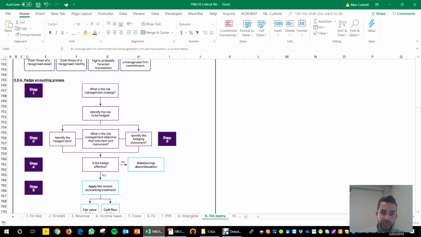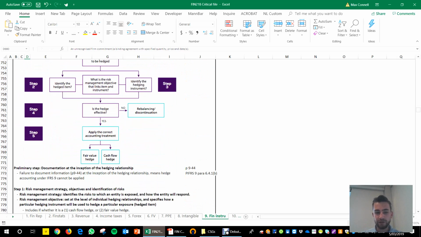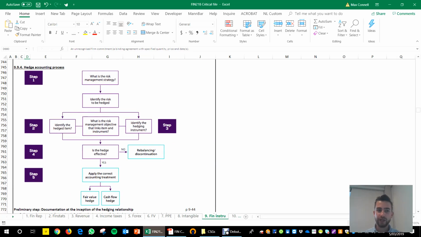So the hedge accounting process. So we need to satisfy each of these steps, and they're very general steps. I just want to note on a high level that the previous standard that this IFRS has overtaken is much broader. So for example, with fair value hedges, which we'll touch on in a second in a bit more detail, previously you had to have a certain level of nominal effectiveness of the hedge, and we'll discuss what that means in a second.